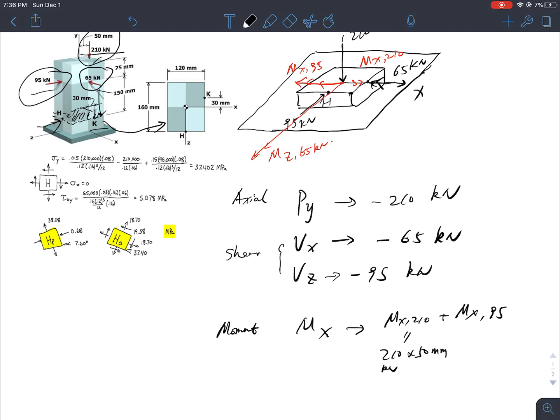Be careful. And minus 95 kilonewton multiplied by a shifted distance of 150 millimeter.